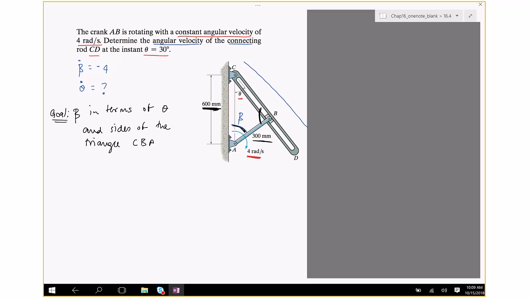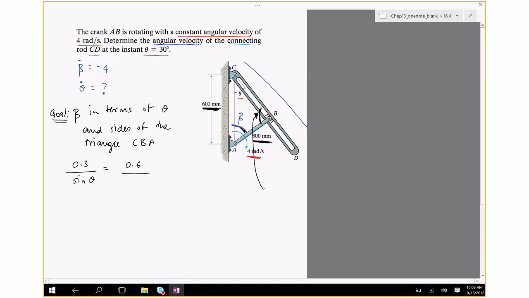So I could potentially use this side and the angle. So let me convert 300 to meters, so 0.3 divided by sine of theta equals 0.6 divided by the sine of this angle.